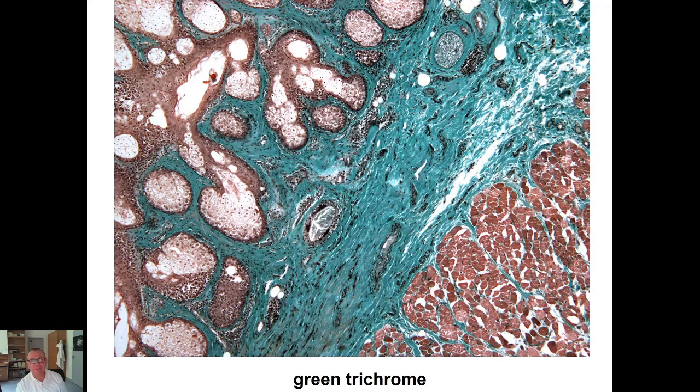Or green trichrome, when muscle is again red. It is red in all three trichromes, but collagen is green here. Also, muscle is red in all trichromes, but yellow in Weigert-Van-Gieson staining.